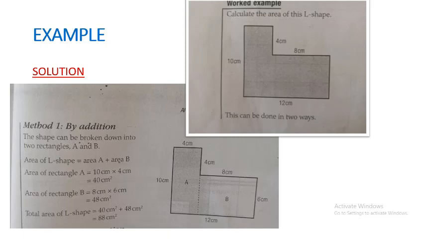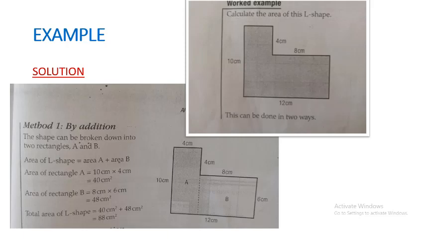Now, we have two ways that we can use to calculate the area of this particular shape. The first method is by addition. We are going to calculate the area of this shape by addition. What does it mean?